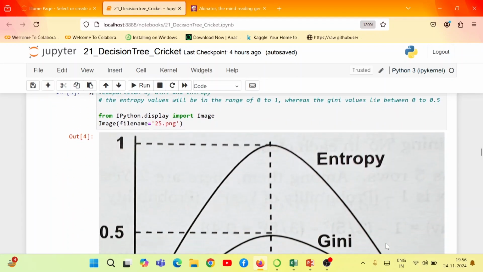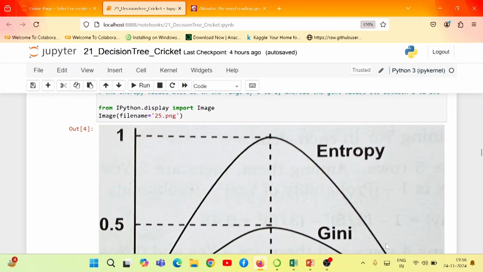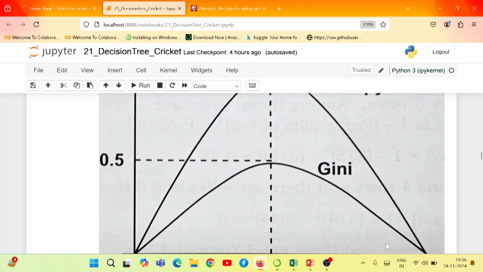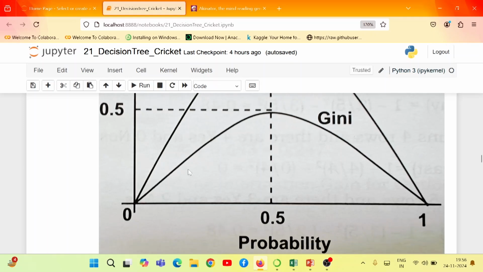Now see, we can compare entropy and Gini index together. Both entropy and Gini are used to compute which node should be taken as the root node in the tree and which node should be taken at the subsequent level. But if we compare both methods, Gini impurity is more efficient than entropy in terms of computing power.